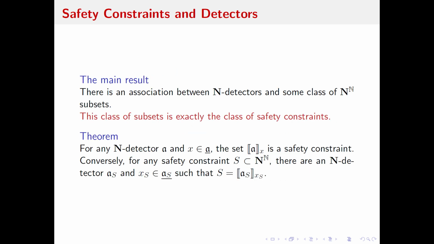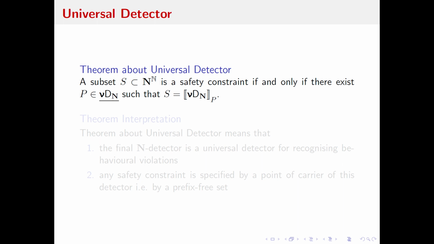The theorem proved in our work, which you see on the slide, establishes the fact that the class of safety constraints is exactly the class of constraints recognized by the detectors we defined. From the presented results, the theorem about the universal detector follows easily.